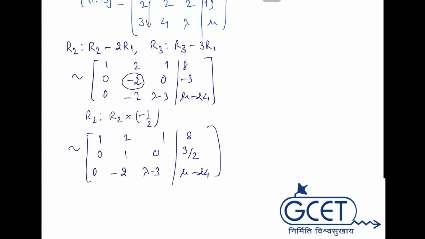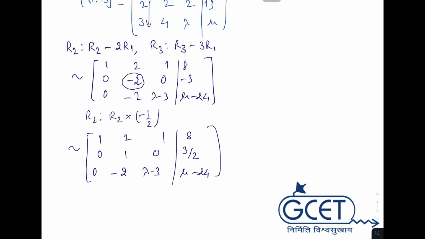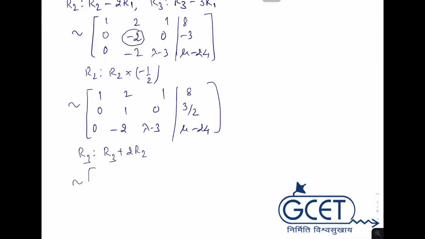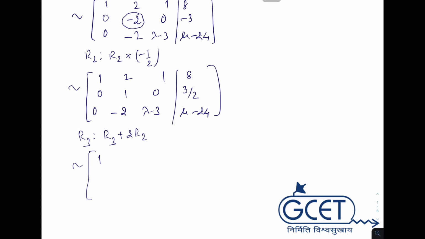Now by using this one, let us make this entry to be 0. So R3 plus 2R2, and so this is equal to 1, 2, 1, 8, 0, 1, 0, 3 by 2.